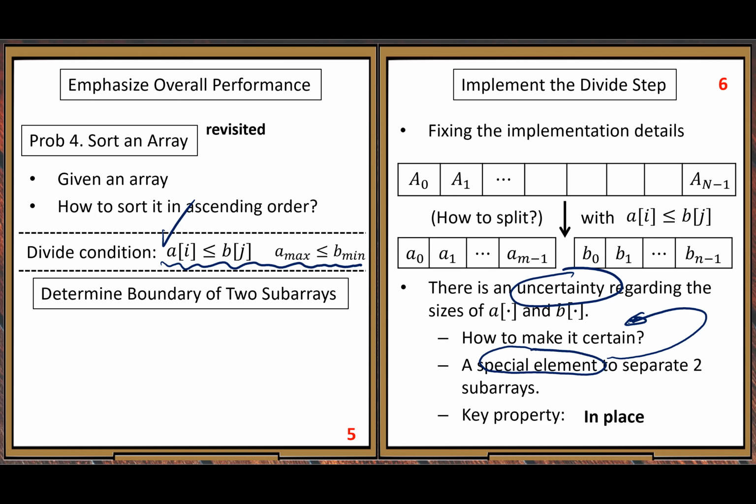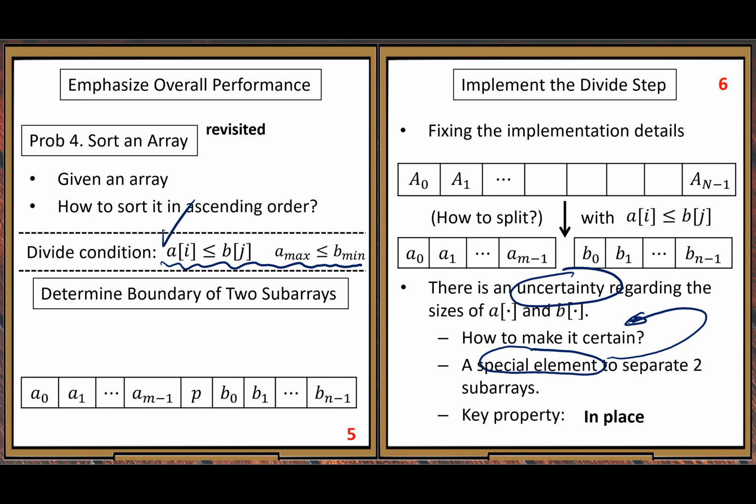Let me give you that part of the story. Determine the boundary of two subarrays. That special element plays the role of the boundary of the two subarrays. Here you can see the boundary element. The A subarray is on the left-hand side of this P element, the B subarray is on the right-hand side, and this P element is in place.